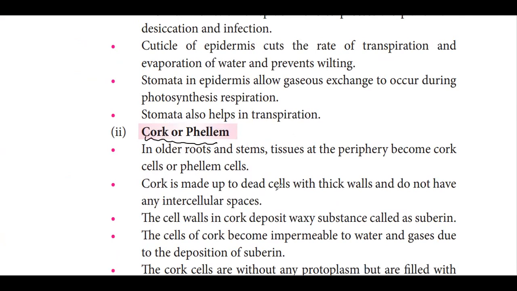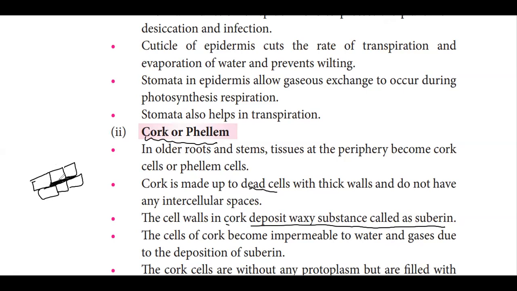Okay, cork is made up of dead cells, you know very well, that is made up of dead cells से बनी होती है, और उसके अंदर जो है the cell wall in the cork deposits the waxy substance called suberin. Means the cells are connected together with a special type of cement like structure called suberin.